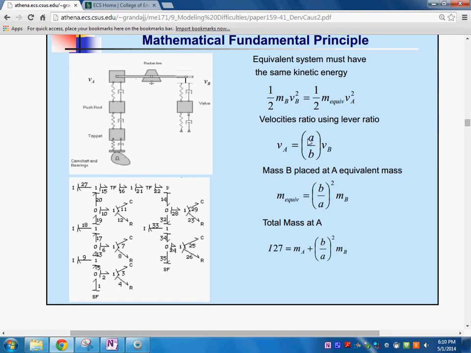And if you replace in this equation, in the energy equation, we will obtain that the equivalent mass is B over A squared times mass B. So the total mass at A will have to be the one that was in there plus this equivalent. And this equivalent is this one, and therefore I-27 in this particular case.